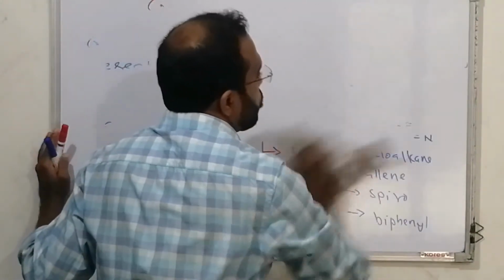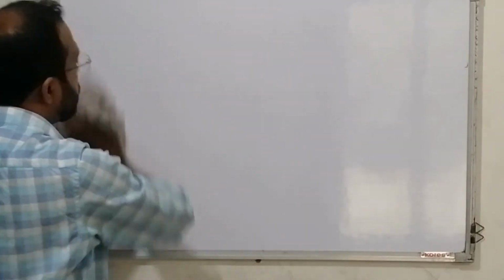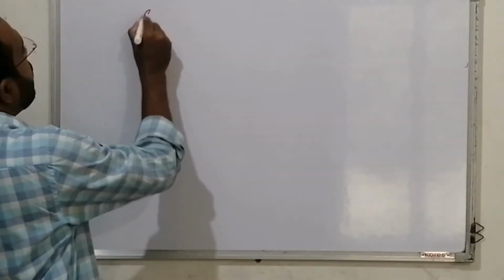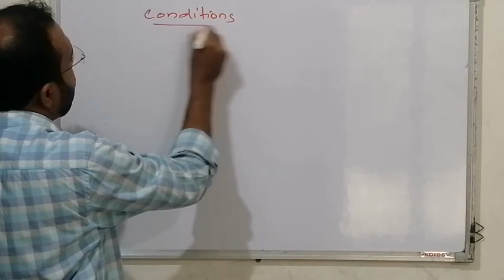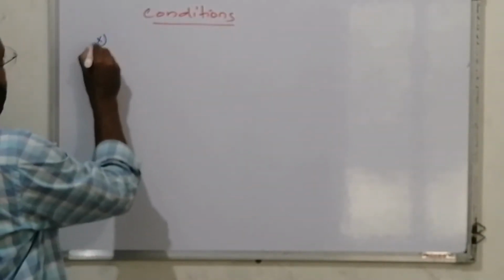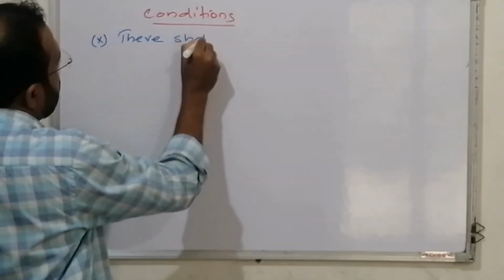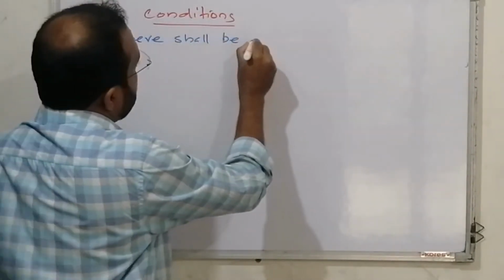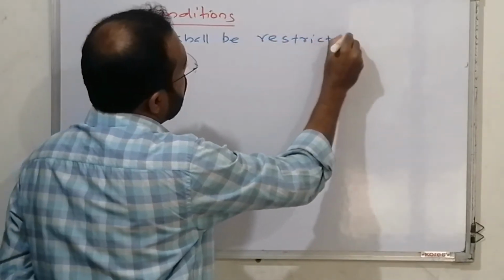What are the conditions for showing geometrical isomerism? First condition, there shall be restricted rotation.